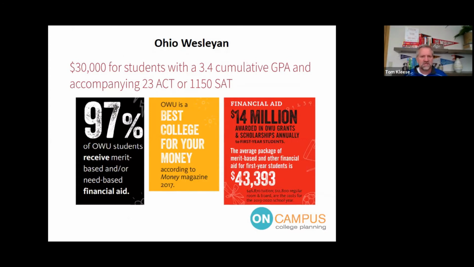But it's an interesting place to start, and maybe will open your eyes to some things that you may not have thought were affordable. When I see the total amount of aid, it's kind of like walking into the library at a college and they say we have 2 gazillion volumes. I just wanted a couple of books on Shakespeare. So I don't really know what 14 million means. I know I'm not getting all of that, but this other number is pretty good. $43,000, the average package of merit-based and other financial aid for first-year students. That's going to take a big dent out of that.